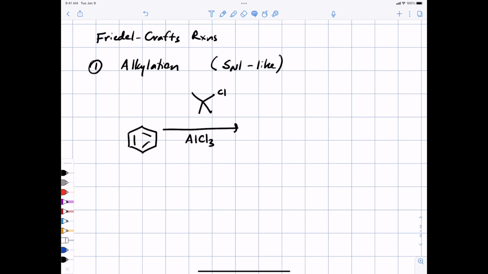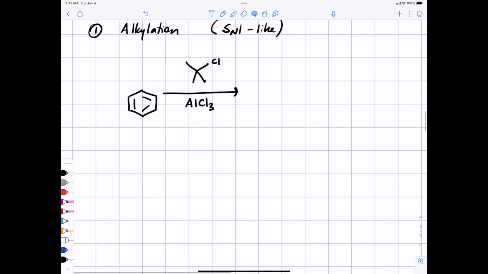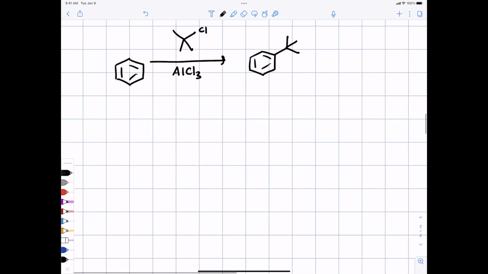Not sure, your text never explains it, probably. And so from a practical standpoint, that's why you'll see chloros in both places. What this does is it makes a new carbon-carbon bond between the benzene carbon and the carbon that used to have the halide in your alkyl halide.